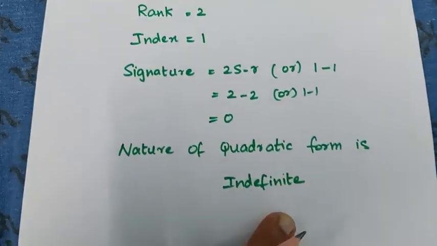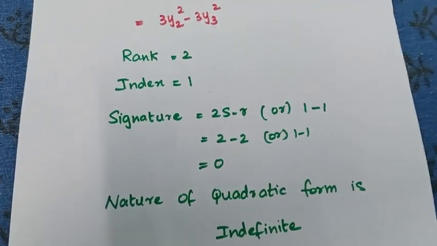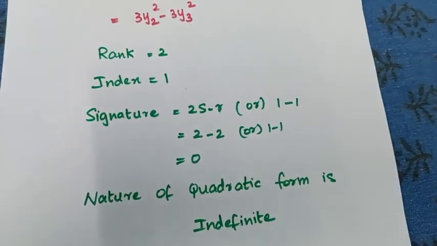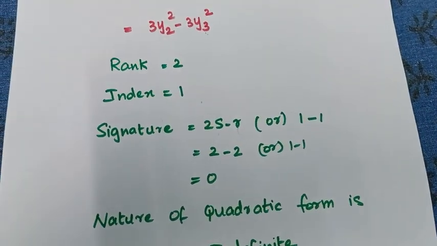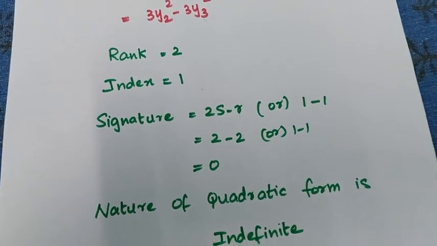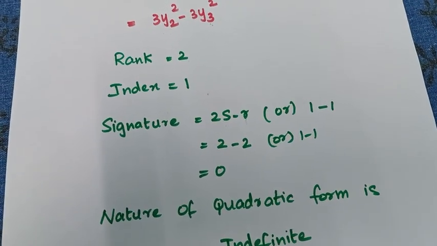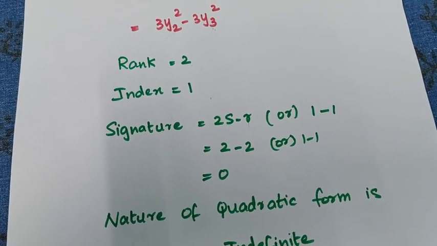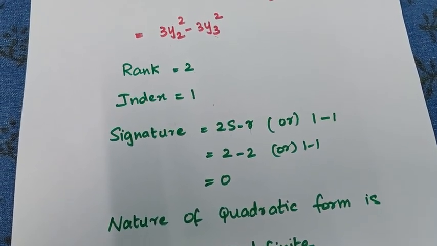So next one is the nature of the quadratic form. So you know how to find the nature of the quadratic form. So we should determine only from the eigenvalues. Okay, so if all the eigenvalues of a matrix are positive, it is positive definite. If all the eigenvalues of the matrix are negative, it is negative definite.